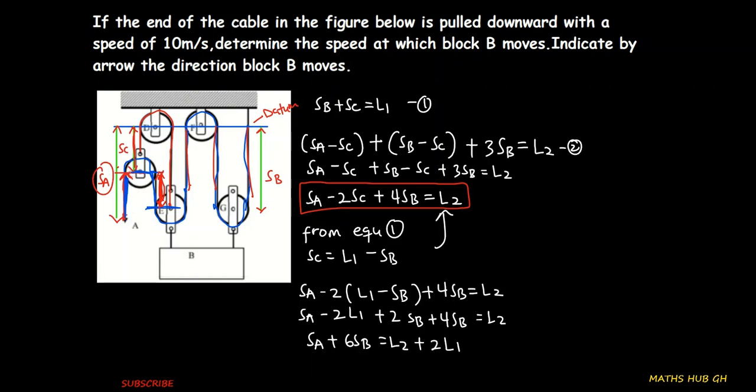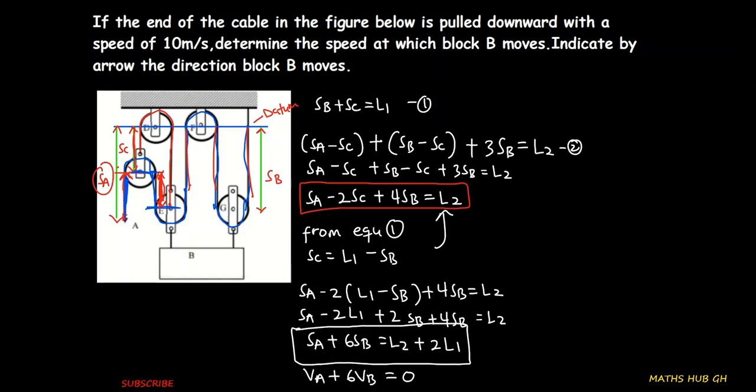So this is what you have now. Let's differentiate this so that you can get the equation for velocity to solve the question. When you differentiate this, you're going to have VA plus 6VB to be equal to 0.